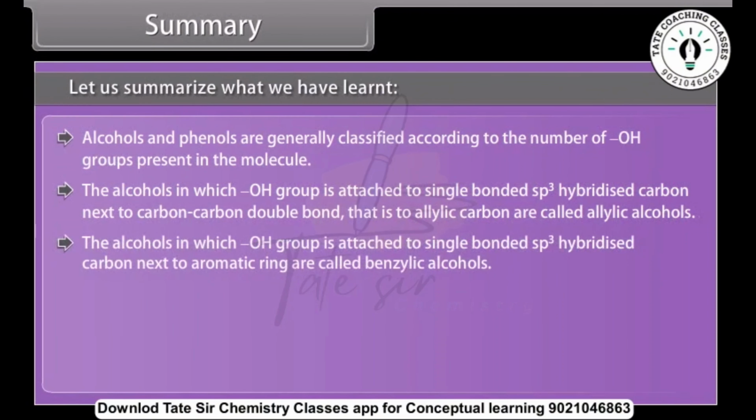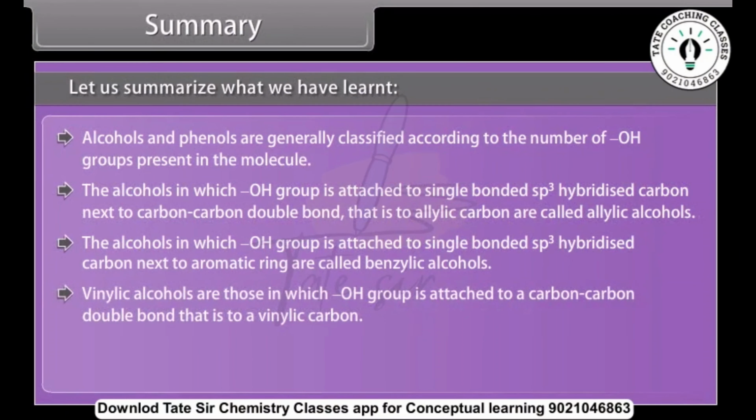The alcohols in which the hydroxyl group is attached to a single bonded sp3 hybridized carbon next to an aromatic ring are called benzylic alcohols. Vinylic alcohols are those in which the hydroxyl group is attached to a carbon-carbon double bond, that is to a vinylic carbon.